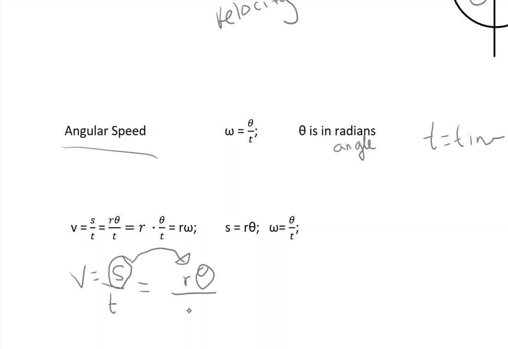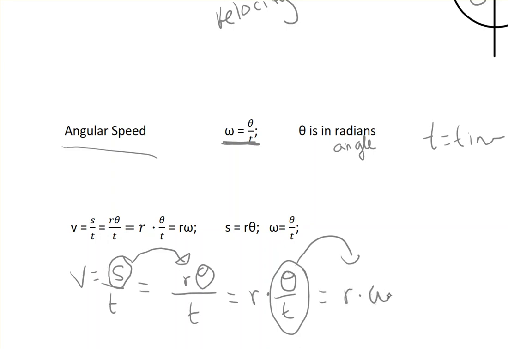So that's how we get that substitution over t. And we can separate this out to be r times theta over t. And just from above, theta over t, right up here, equals omega. So radius times omega, which is that angular speed.